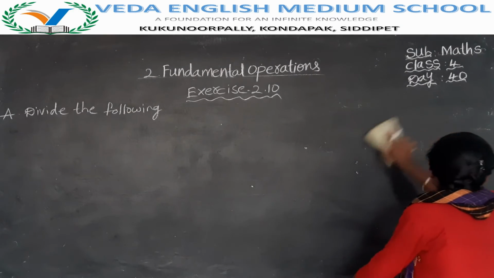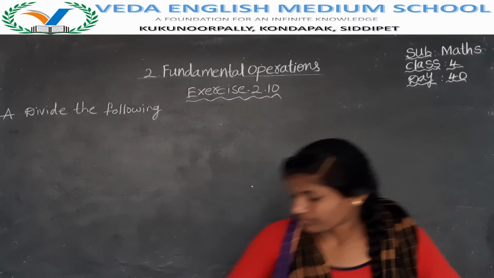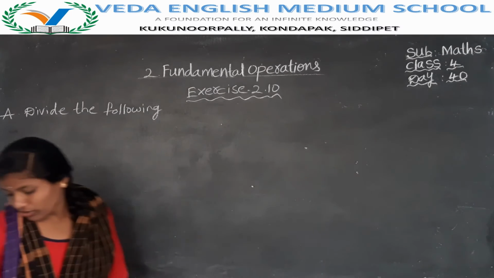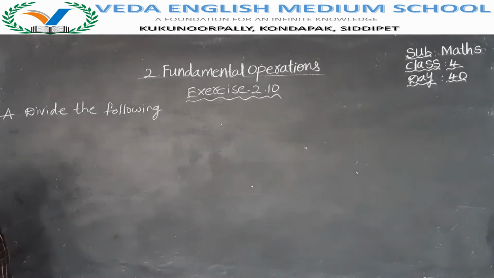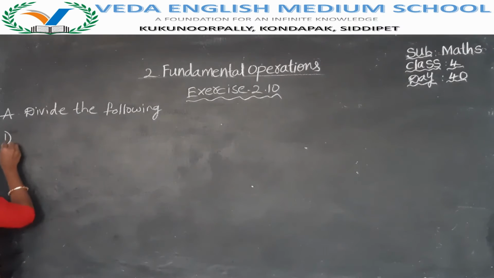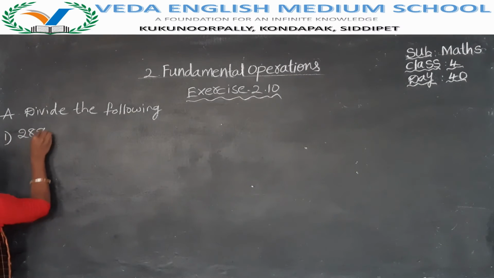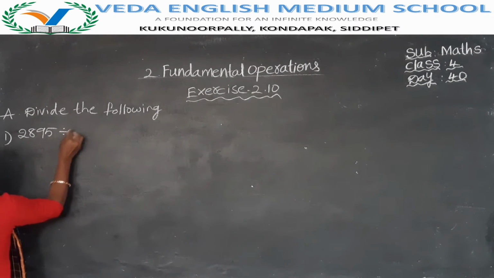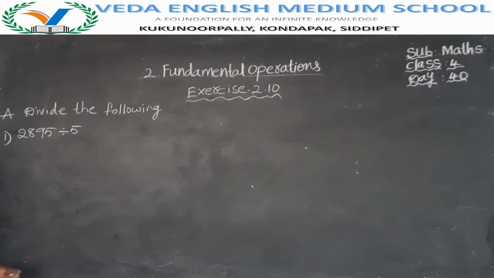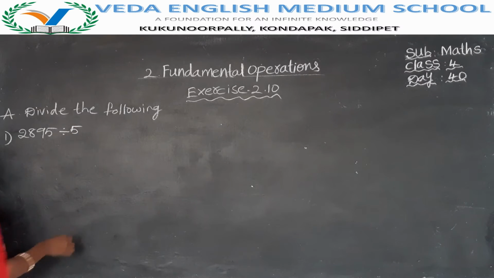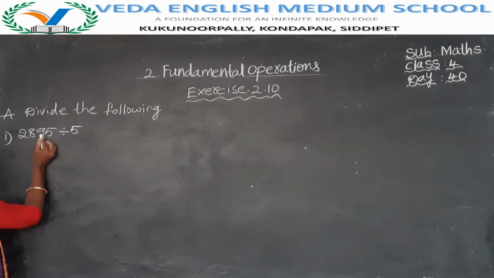First question. 2895 divided by 5. Now 2895 is our dividend and 5 is the divisor.